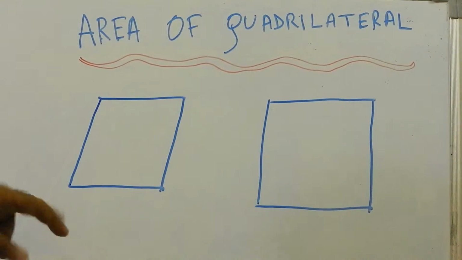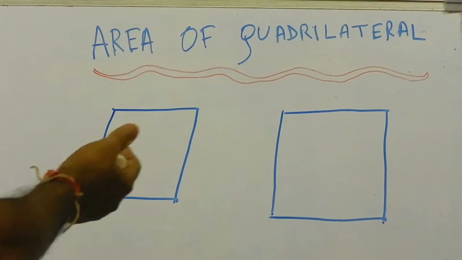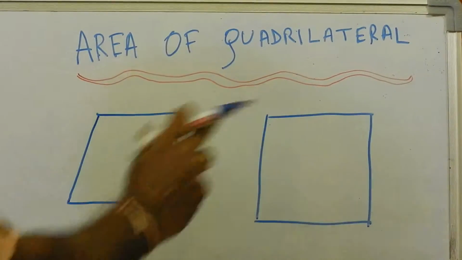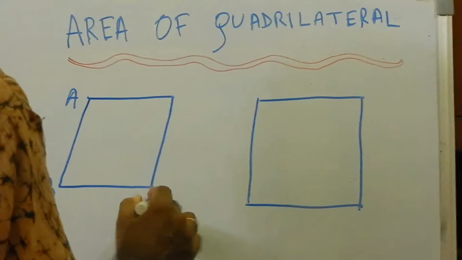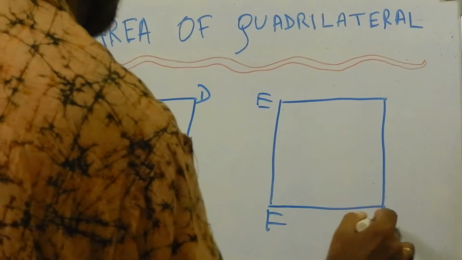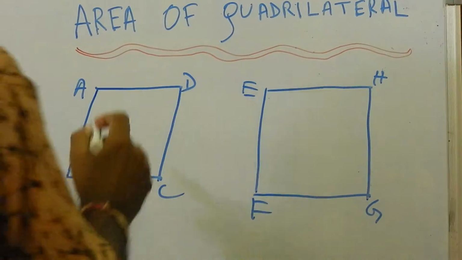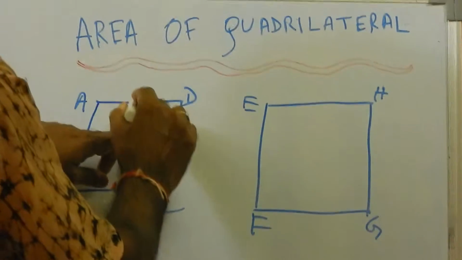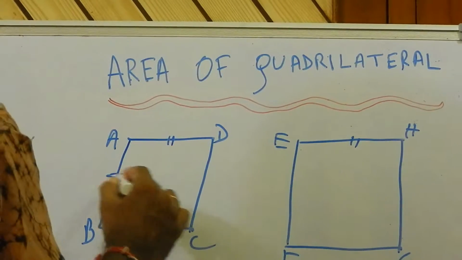And it is given that the length of the sides of the rhombus and the square are the same. So ABCD is the rhombus, EFGH is the square, and the side length of both the rhombus and the square are the same.